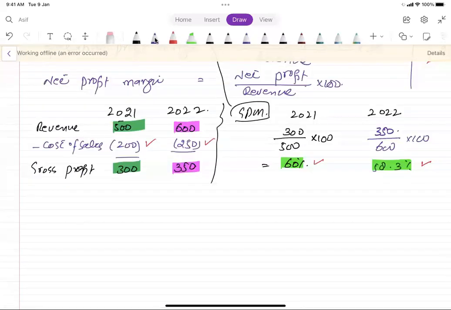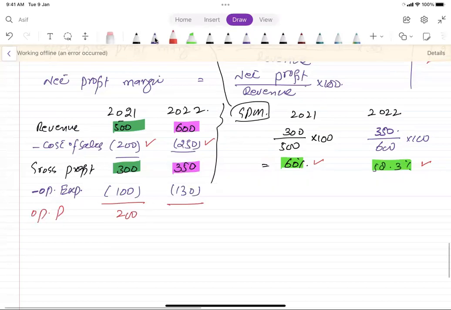Okay, let's minus the operating expenses. For example, operating expenses are 100 and 130. What is the operating profit now? That is 200 and 220. Let's minus all the other things, for example interest, 100 and 115.